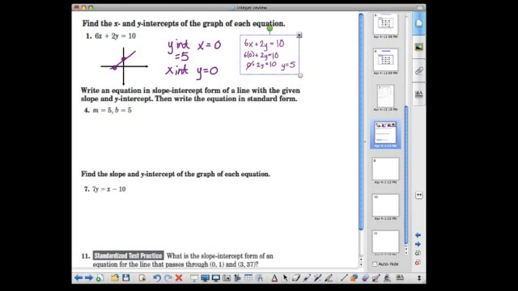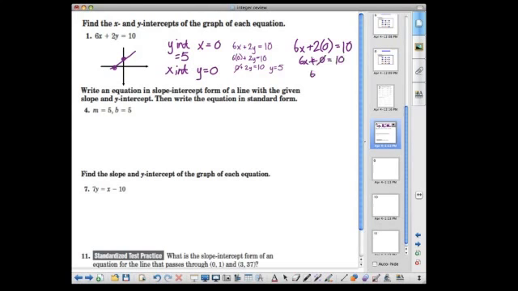I'm going to repeat that process for my x-intercept, only I'm going to plug in 0 for the y value. So I'm going to say 6x plus 2 times 0 equals 10. 2 times 0 is 0. So I have 6x plus 0 equals 10. I don't really have to count my 0. 6x equals 10. 6 doesn't go evenly into 10, so I know I have to divide both sides by 6.